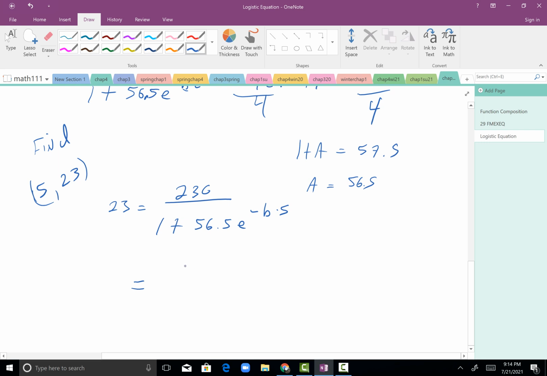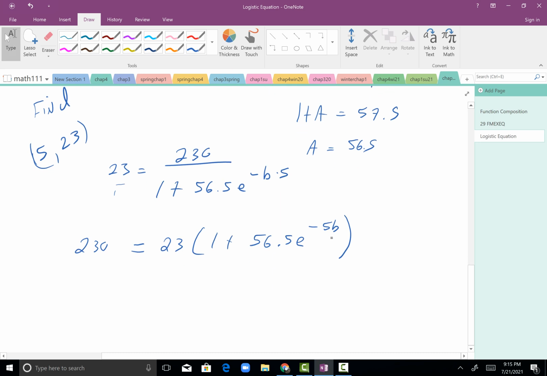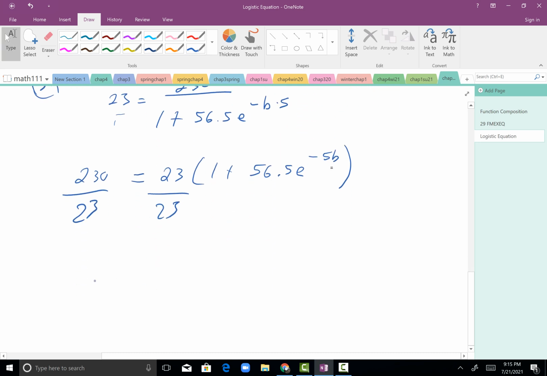So what I'm going to do here is a little cross multiplication again. Divide by 23, divide by 23.